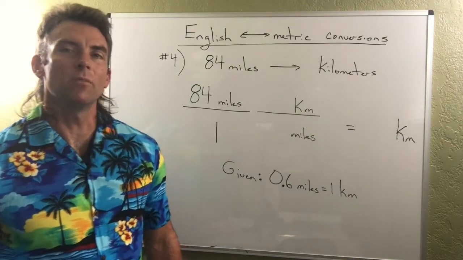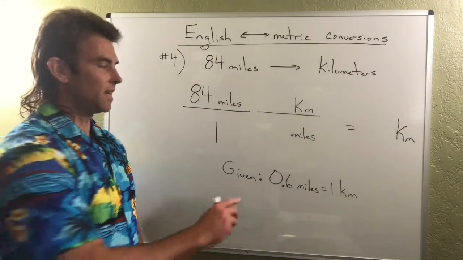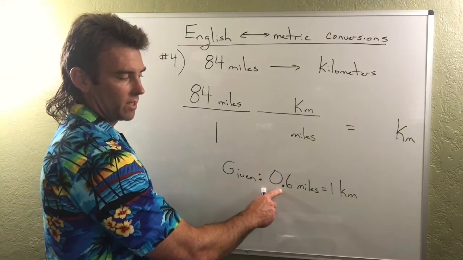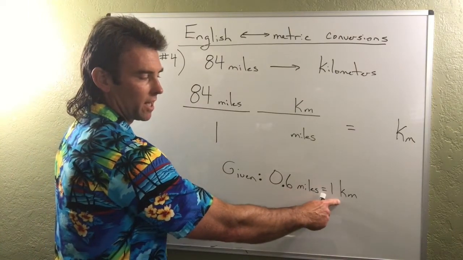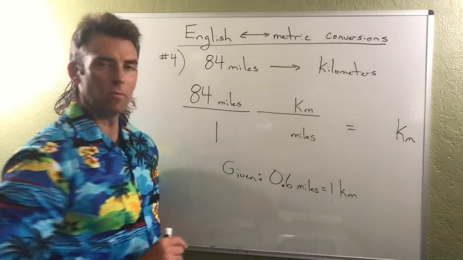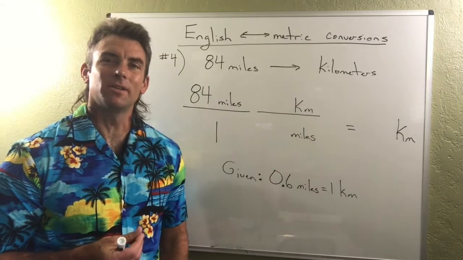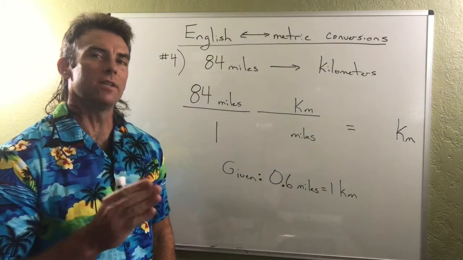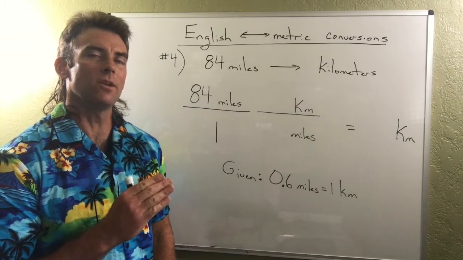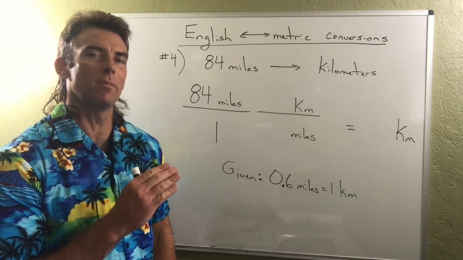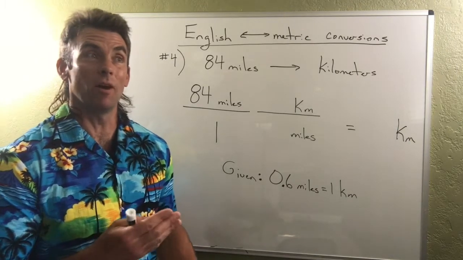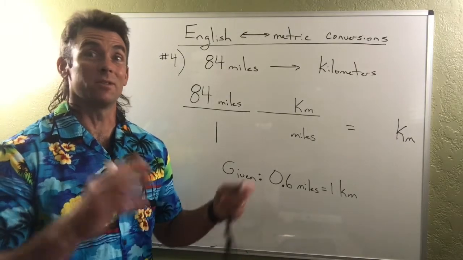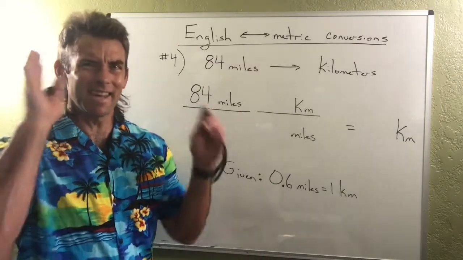Also included somewhere in that question is the idea that there are exactly 0.6 miles in 1 kilometer. The key to understanding dimensional analysis is that the numbers and the units all go together. So in terms of understanding what numbers go where, and ultimately what operation we're going to do, is it a multiplication, is it a division, take your mind out of it.